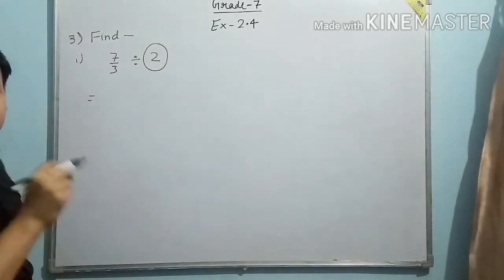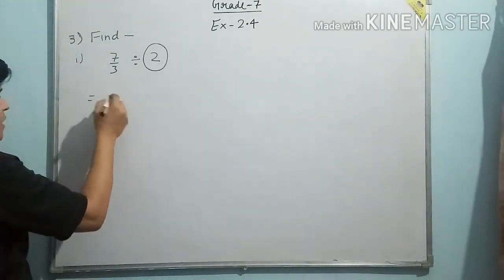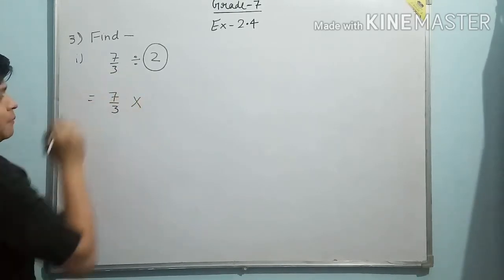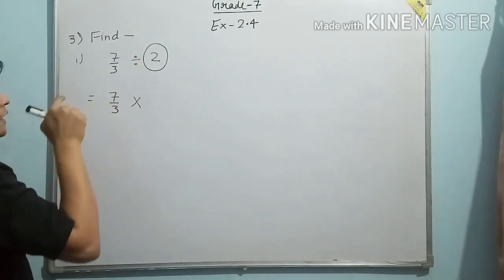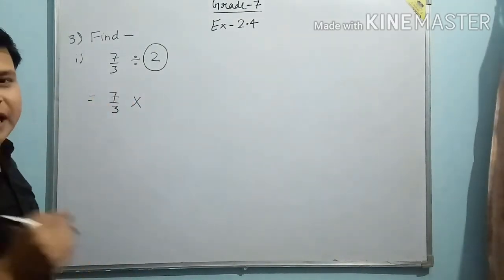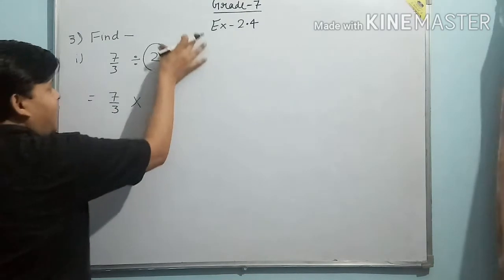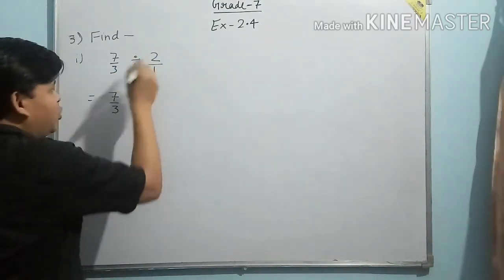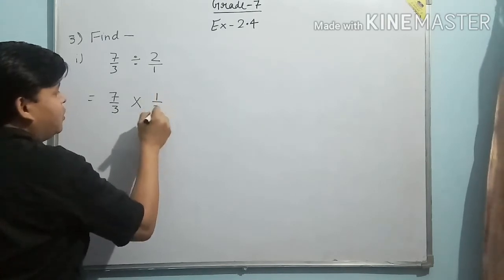The first number is always written as it is. So the first number as it is, that means 7 upon 3. The divide sign will become multiply, and 2. As you can see, we don't have any number in the denominator, so we can consider 1 there. So 2 upon 1 will become 1 upon 2.